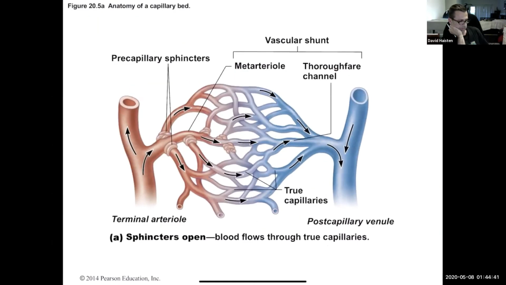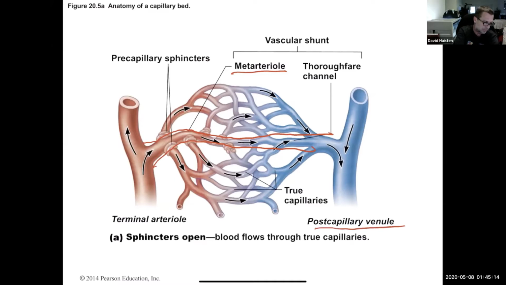So let's look at a capillary bed. Okay, we have a terminal arteriole, and then we have this central vessel here coming off the terminal arteriole, called the metarteriole. Then we have a thoroughfare channel from the metarteriole, and we have a post-capillary venule.